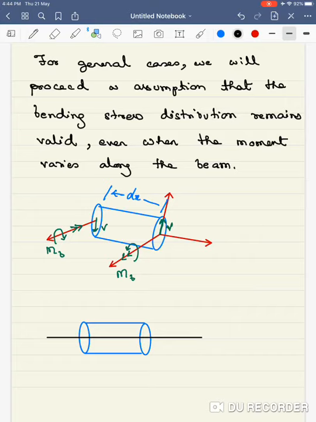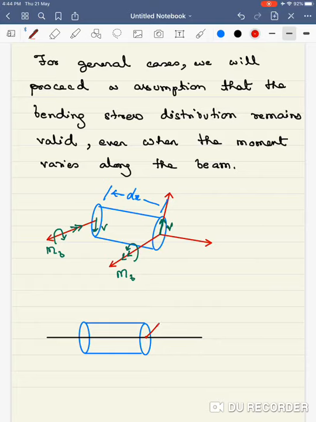And if the positive moment were acting on it, then how does the stress distribution look like? Well, the stress is 0 at the center. This is a square.